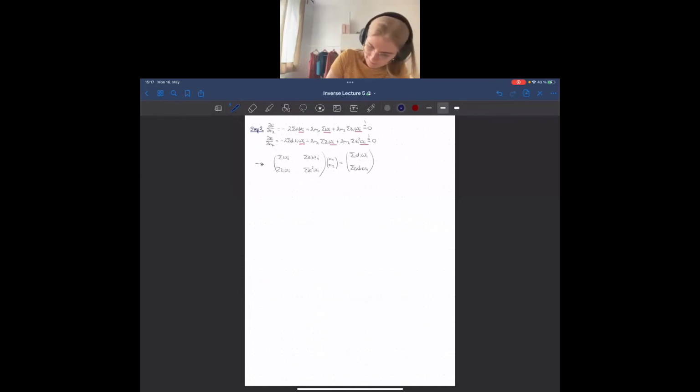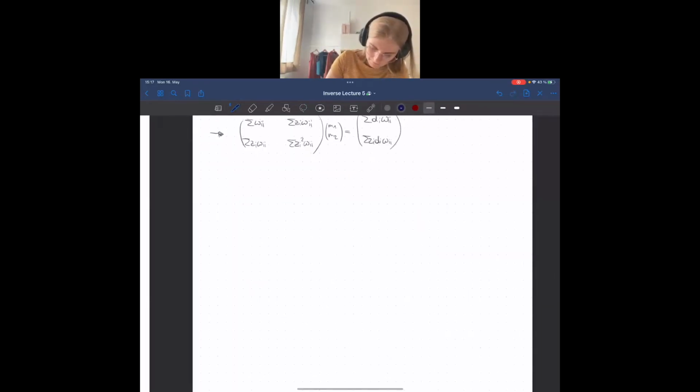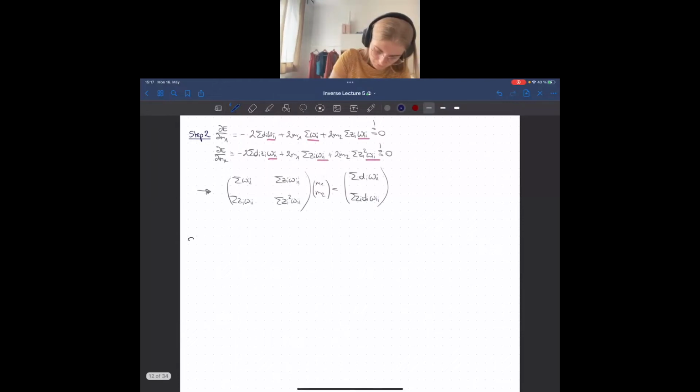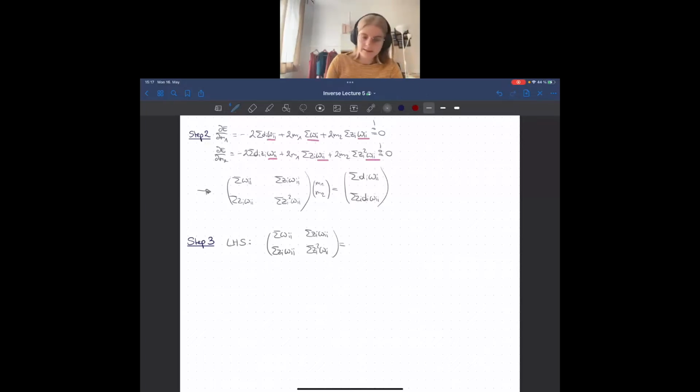Let's continue with step number 3. When we look at the left-hand side of this problem we have written down here, we see that the matrix, please note that it's a 2 by 2 matrix again, can be rewritten once again.